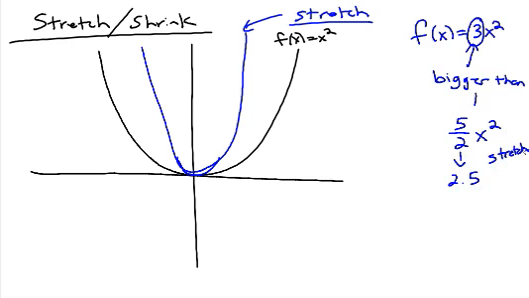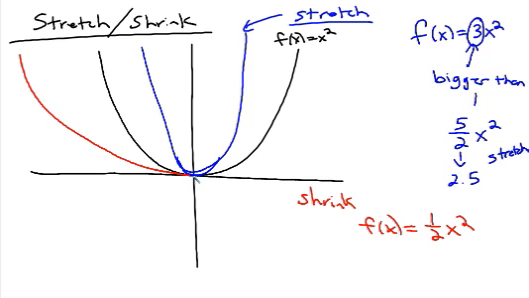Now, what's the opposite? The opposite is what we call a shrink. And that happens when we multiply by something less than 1, like 1/2 x squared. And a shrink kind of squishes the graph, like this. All right, on a shrink, your graph is now wider.